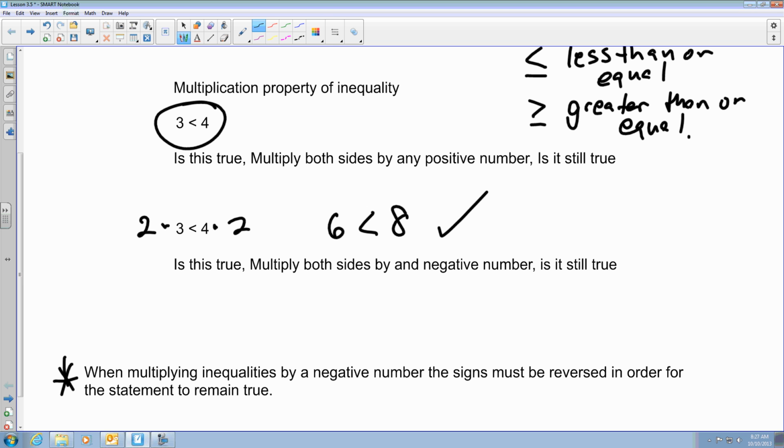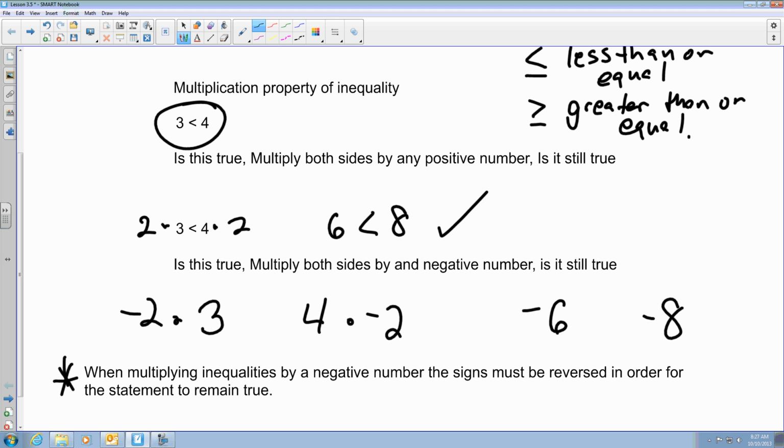But would it be a true statement if I multiplied it by a negative number? So say if I went 3 and I put 4 and I multiplied it by a negative 2 and I multiplied this side by a negative 2, I would get negative 6 and I would get negative 8.